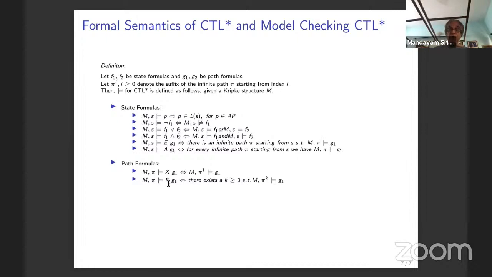So F G1 is true for a path if there exists a k greater than or equal to 0, a future point on the path, at which G1 itself is true of the suffix path starting from k.